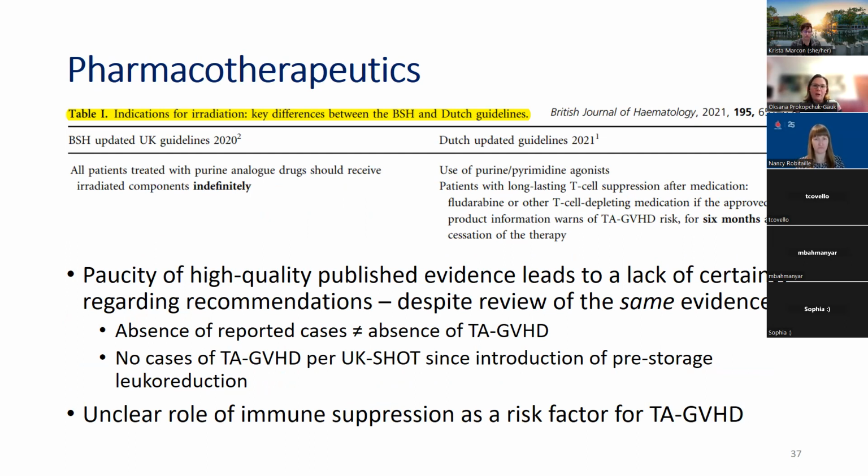Once again, there's a paucity of high quality evidence that ultimately, despite review of the same evidence, led to 2 different conclusions. One thing that is reassuring is that there are no cases of TA-GVHD per the UK SHOT since introduction of pre-storage leukoreduction. And they do discuss situations where there have been these misses of patients not receiving irradiated blood when they should have based on medications given, and they've not been subject to TA-GVHD.